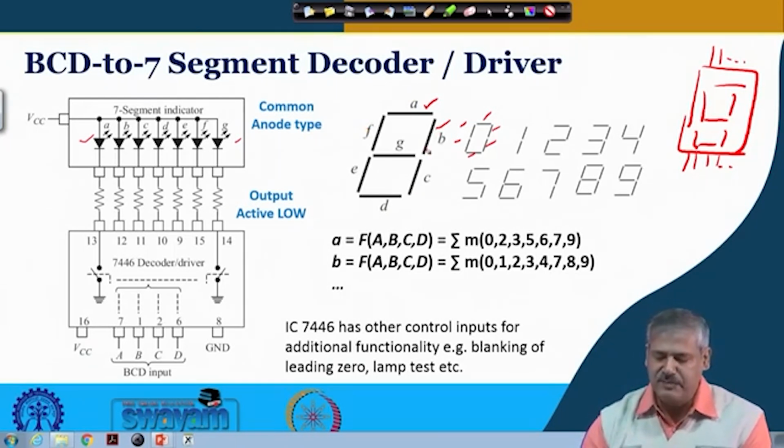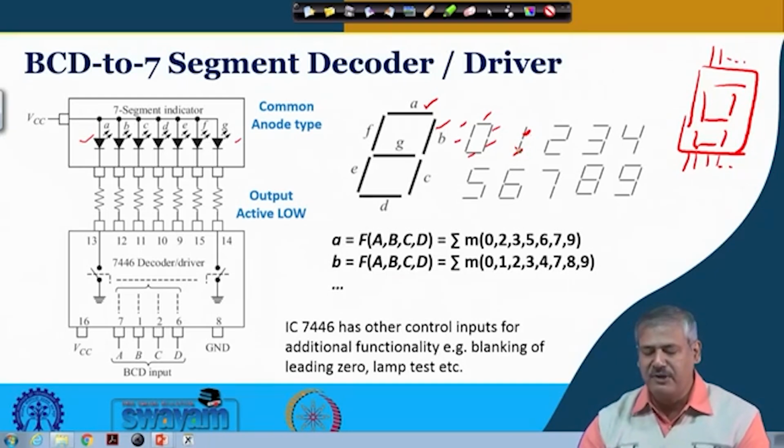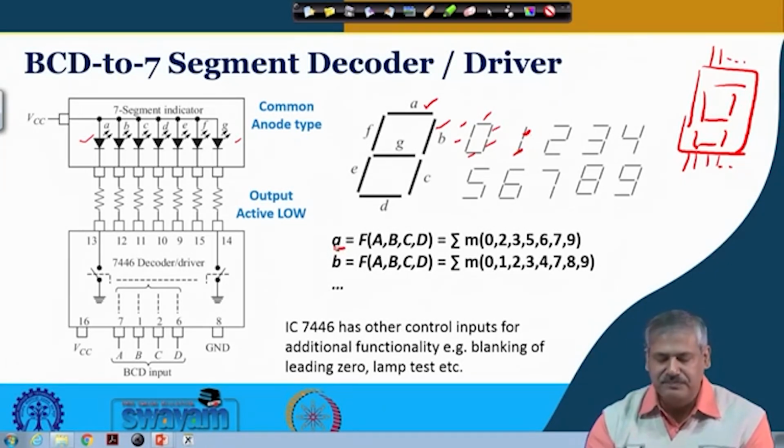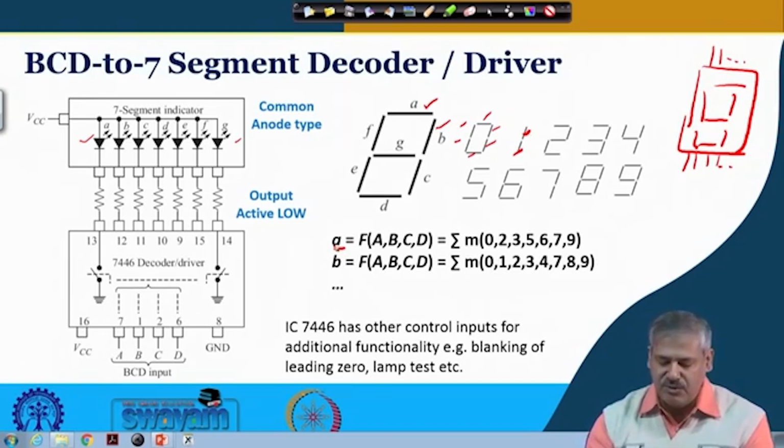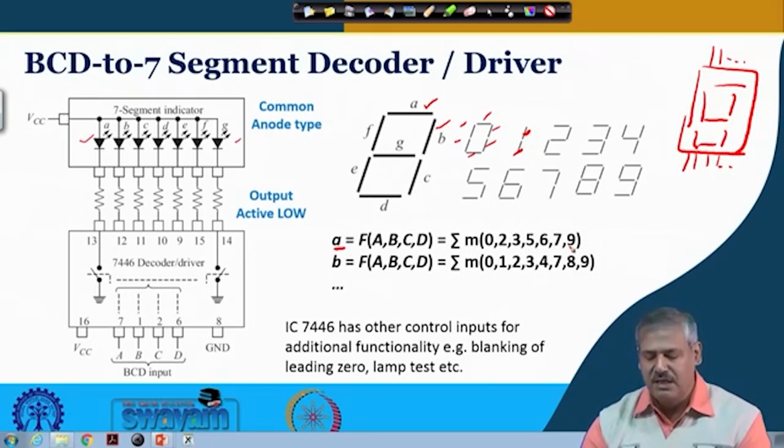So, when 1 is present, that means 0, 0, 0, 1 is present, which LED will glow? B and C will glow. Similarly for the rest of the cases. Now, you can understand that A will glow for the cases when at the input 0, 2, 3, 5, 6, 7 are present, right, and B will glow when these are present.